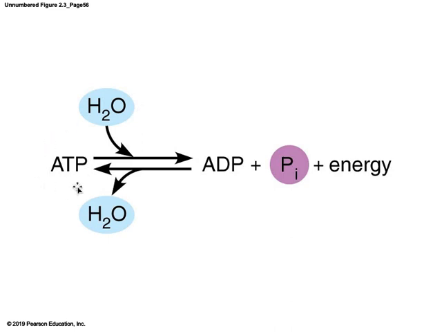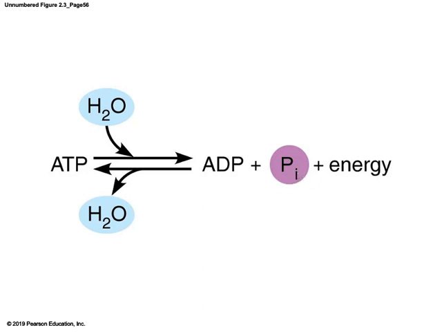The important thing is that ATP can be broken apart into ADP, a molecule of phosphate, which is sometimes abbreviated Pi, P sub i, which means inorganic phosphate. You can just draw a P with an arrow around it. That's fine. And energy.